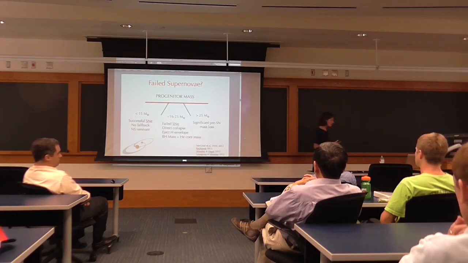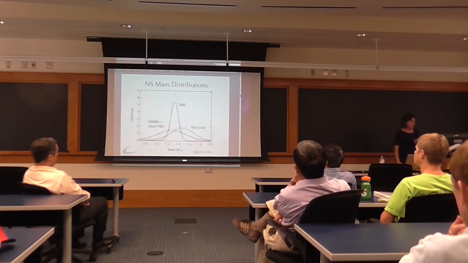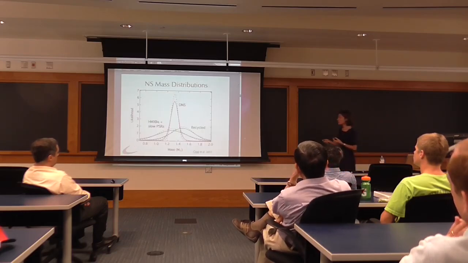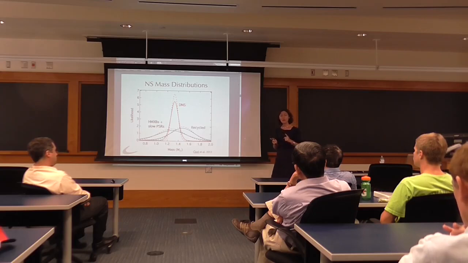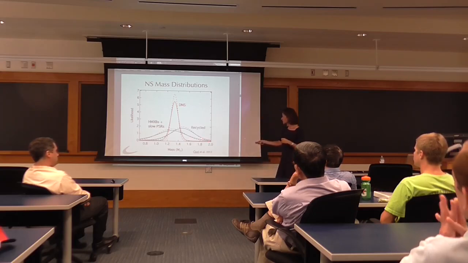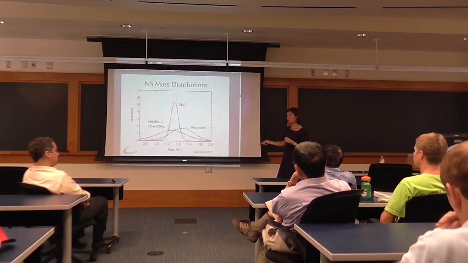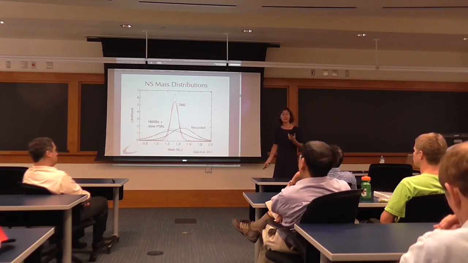So the only explanation I have for that, and I don't know if it's the right one, is that somehow the recycling process, this mass accretion process onto neutron stars is pretty inefficient. So all in all, it's able to add about 0.2 solar masses. That's the difference between the means of those two distributions. But there are very, very few systems that actually, just by eating, get out here.